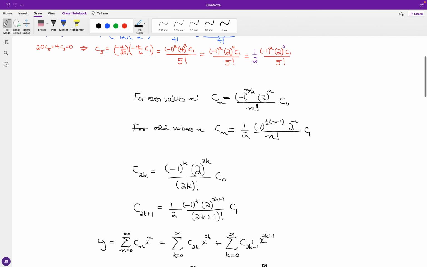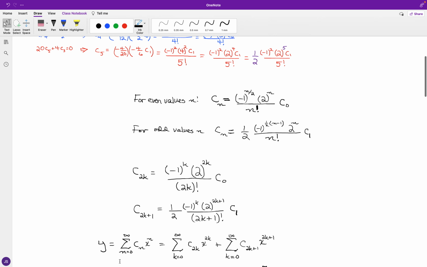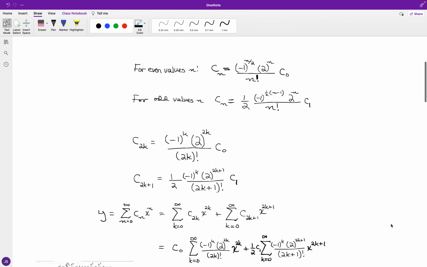And if we look at the solution we have for y, the standard is n going from 0 to infinity of c sub n times x to the n, and then separating so that the even subscript values are in one category and the odds in the other.